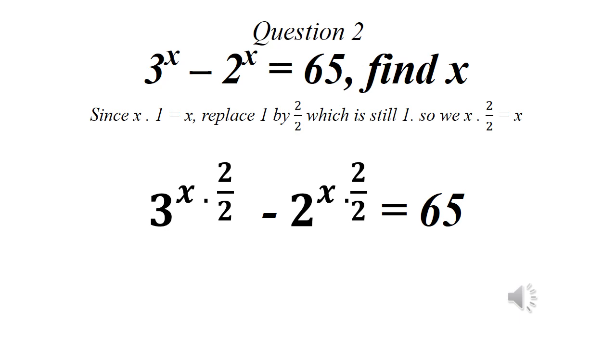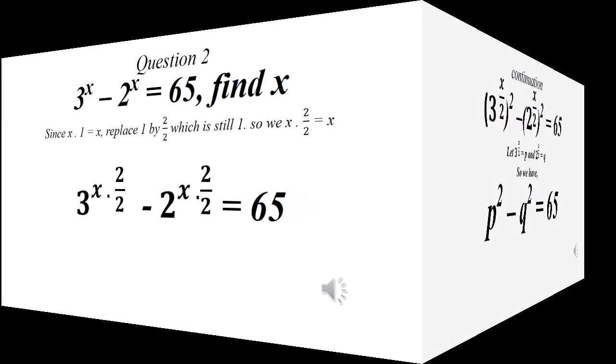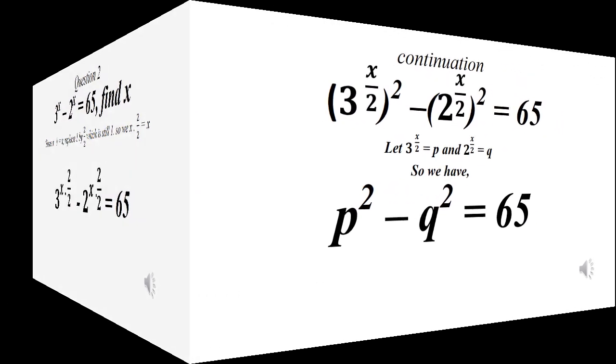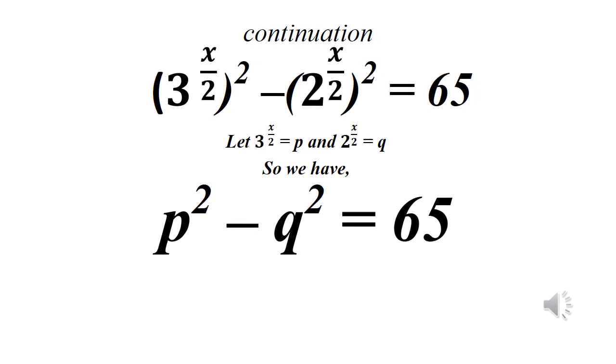So that means we have 3 raised to power x multiplied by 2 over 2 minus 2 raised to power x multiplied by 2 over 2 equals 65. So if we multiply that, we get 3 raised to power 2x over 2, which we can equally bring the 2 out to be square.